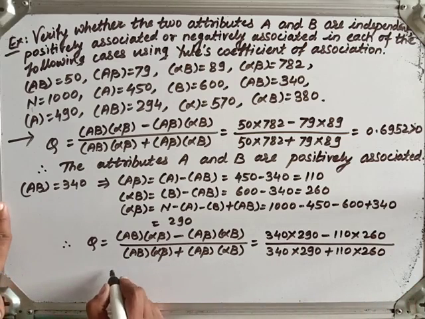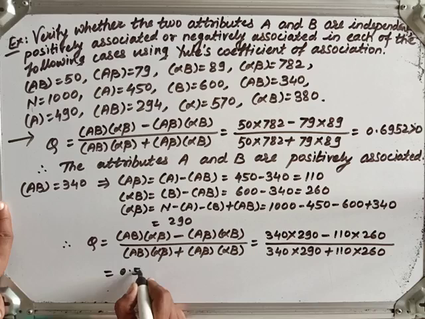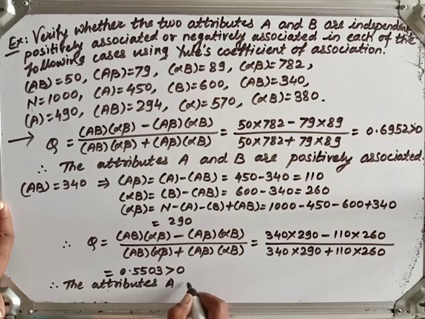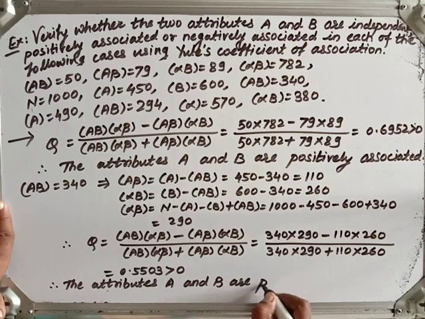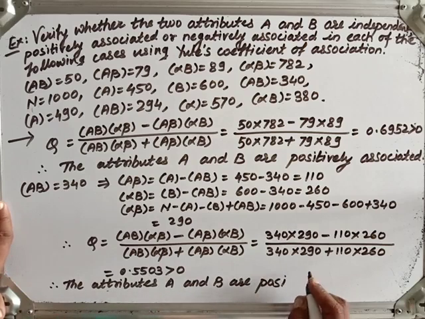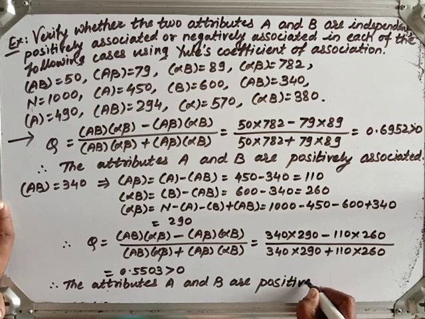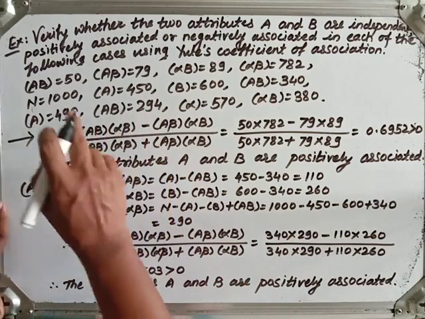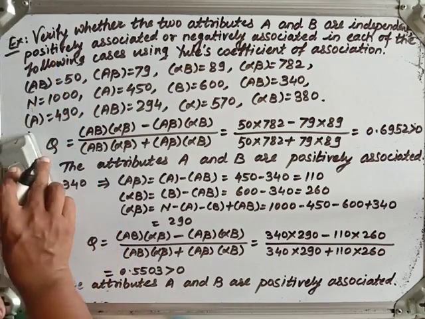Simplifying it, we get 0.5503, which is again strictly positive. Therefore, the attributes A and B are again positively associated for this data also. Now, the third case is left. So, let's see that.